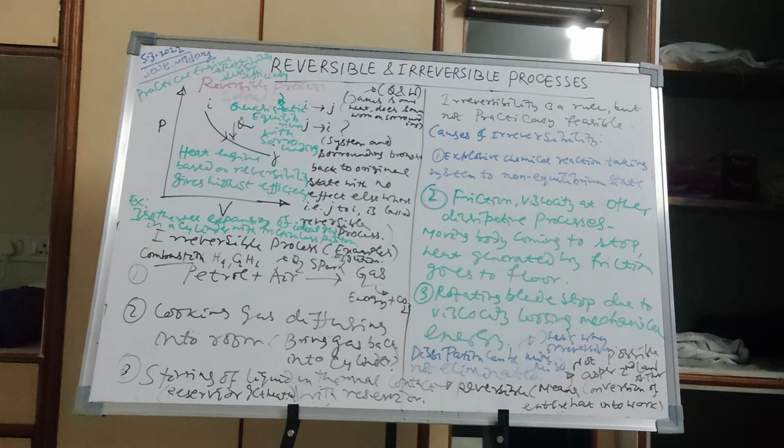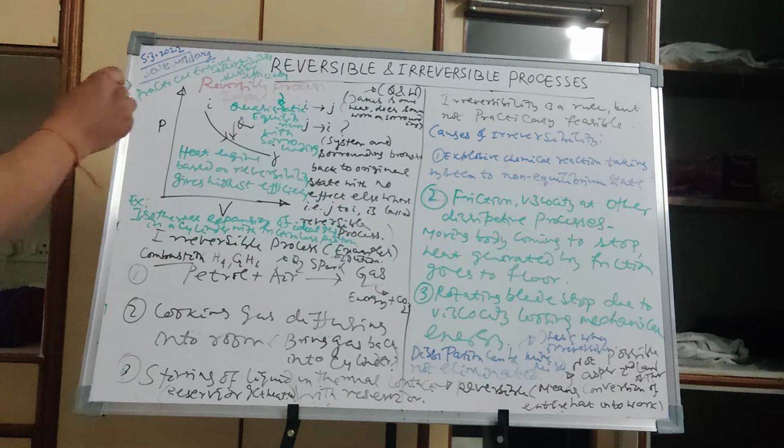But an engine with all the processes reversible is the engine with the highest efficiency. So if you make the processes reversible, you can achieve the highest efficiency, but not one. Okay, so now let us discuss the irreversible and reversible process.